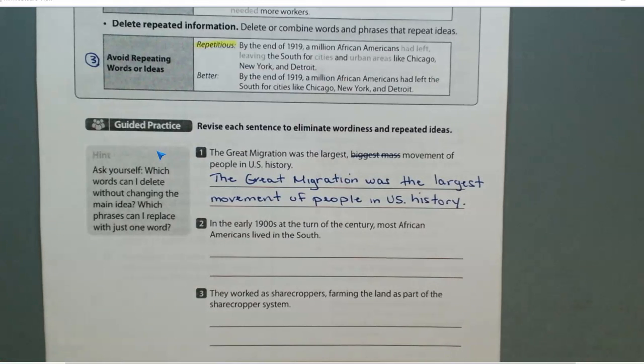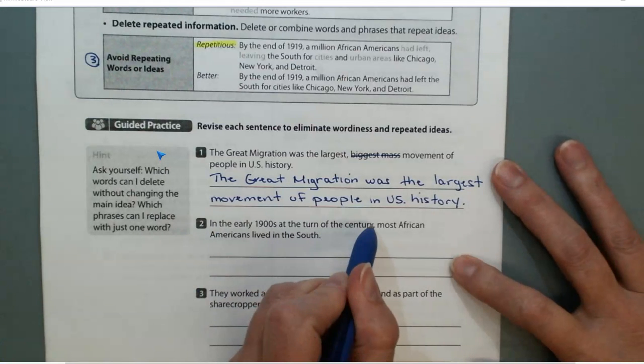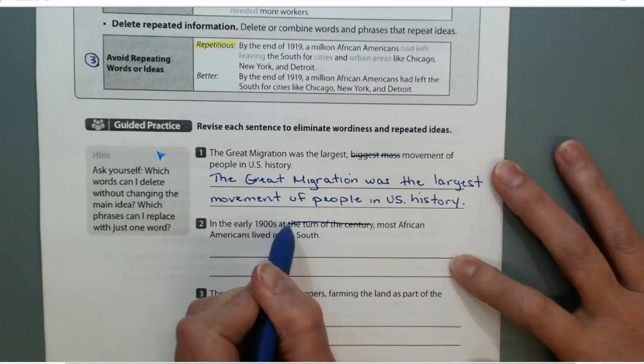Number 2. In the early 1900s, at the turn of the century, most African Americans lived in the South. What do we do here? Okay, Mason. Why? So we can take that out.